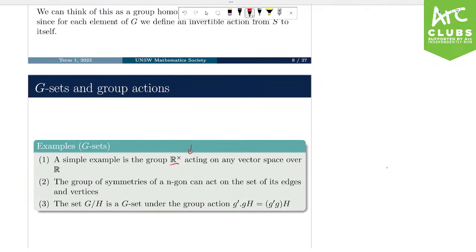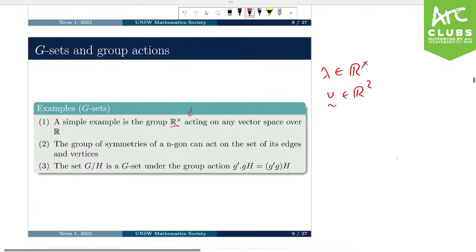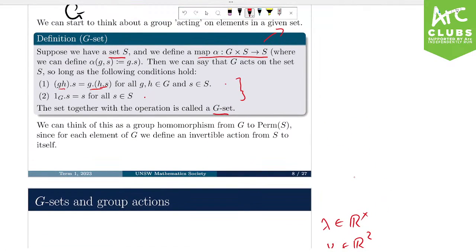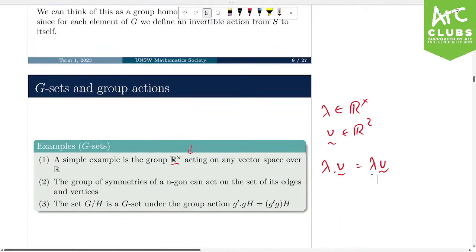Let's say we have some lambda in R cross, and we have some v in, for example, R2. We can define the map as lambda.v is just scalar multiplication by lambda, and it's pretty easy to check that these 2 hold.